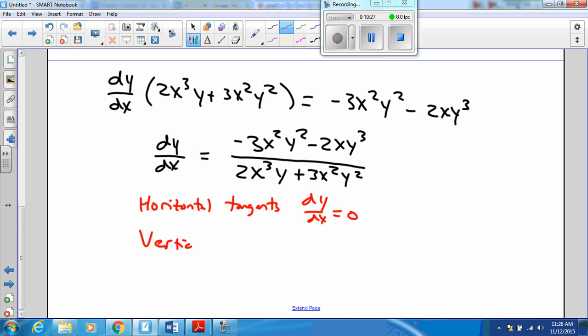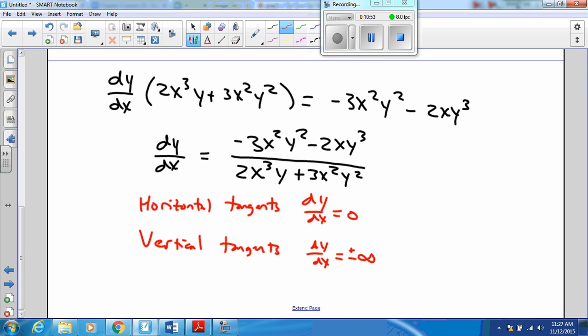And we're going to have vertical tangents when dy dx is infinite. That's it. Plus or minus infinity. Okay?